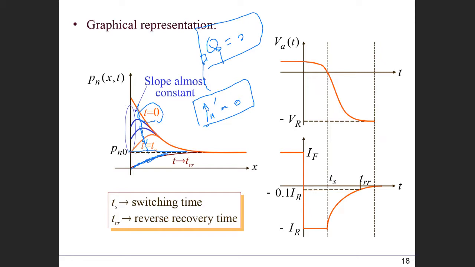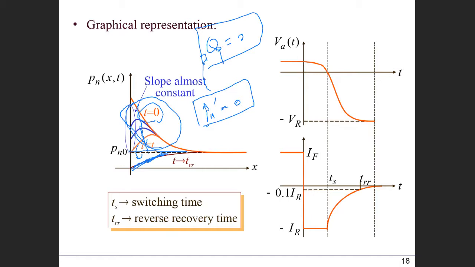All the stored charge due to the forward bias in the p-n junction diode is actually gone in this n side, and after that time the diode has reached the reverse bias condition.